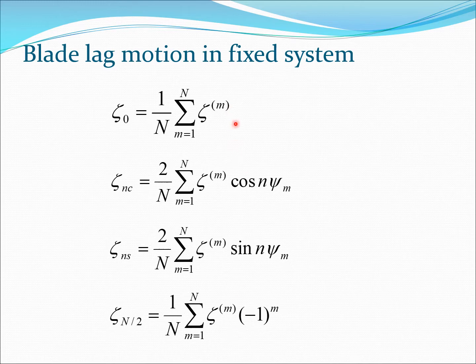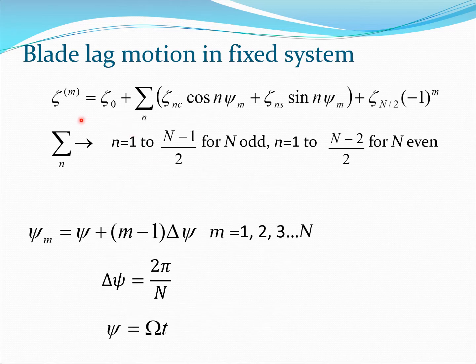So the first one is the collective, the last one is the differential collective, and the remaining 2 are the cyclics. So clearly you can see in 2 cases you multiply by cos n psi m and sin n psi m, and in one case you multiply by negative 1 to the power m to get these equations in the fixed system.